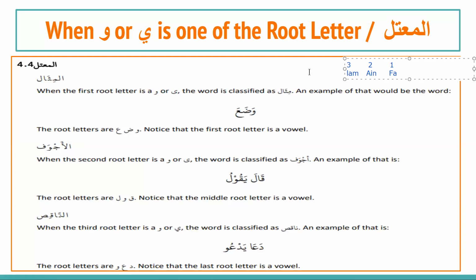So the naming of fail mu'attal, the weak fail: different terminology is used when a weak letter is a particular kalma. When the first root letter is either waw or ya, that kind of fail is called misal.